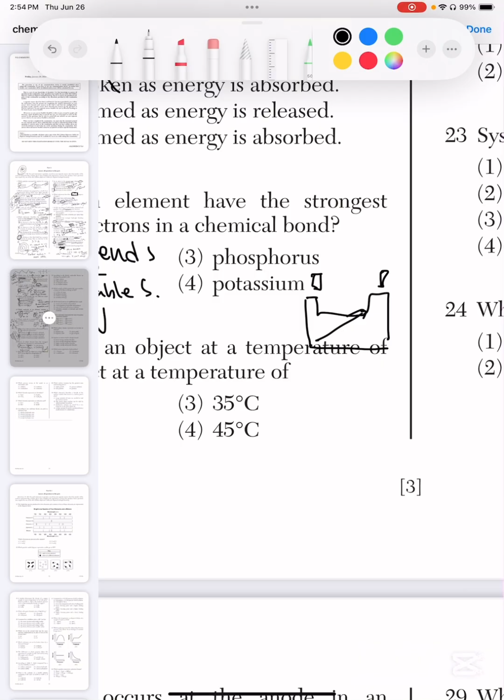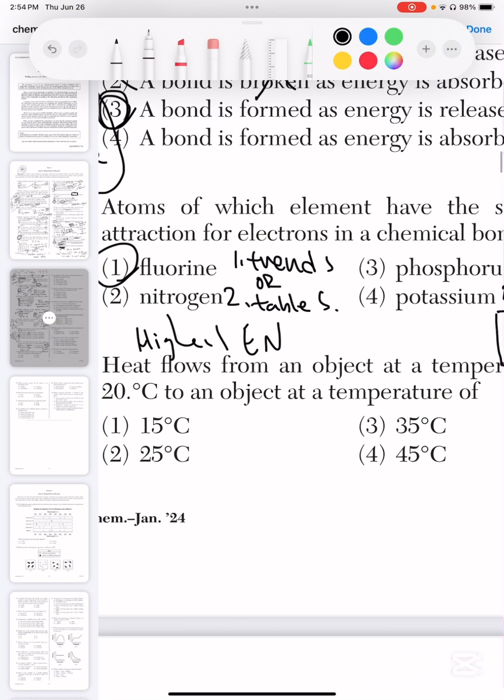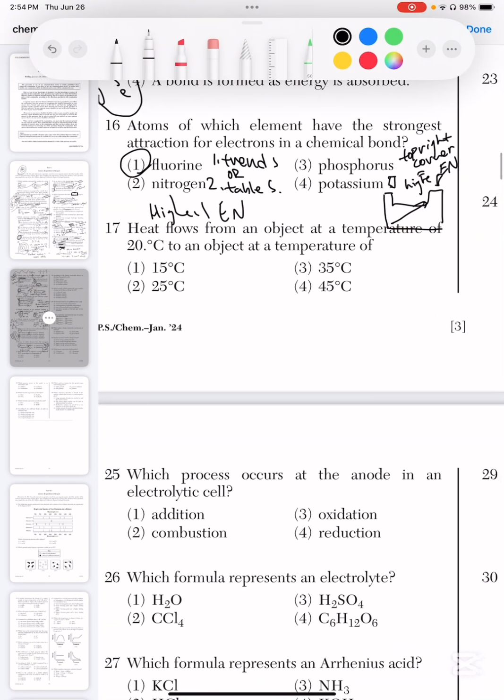So as you get to the top right corner, you have the highest electronegativity. And if you don't want to remember that, you can just go on Table S. Fluorine has 4.0, and it's the highest one out of all of them.